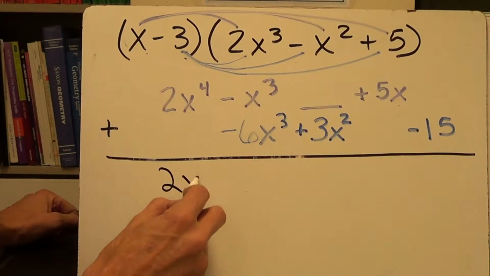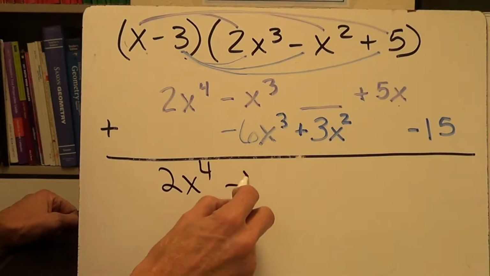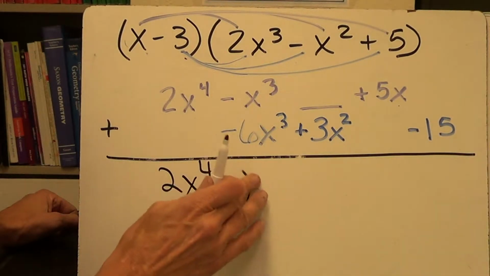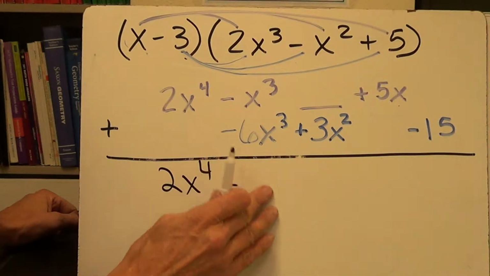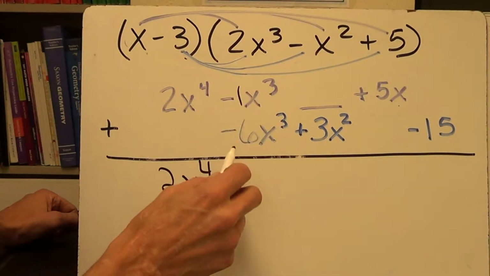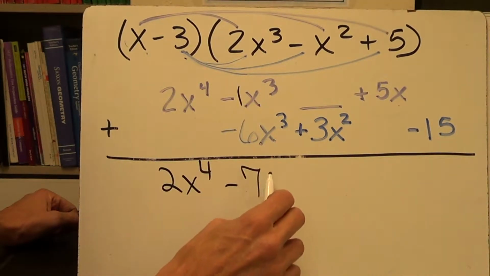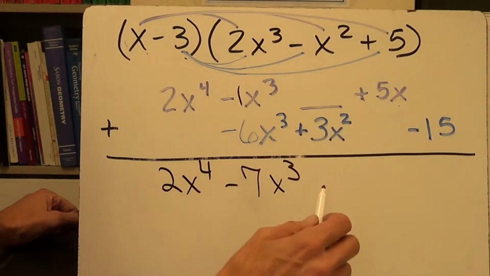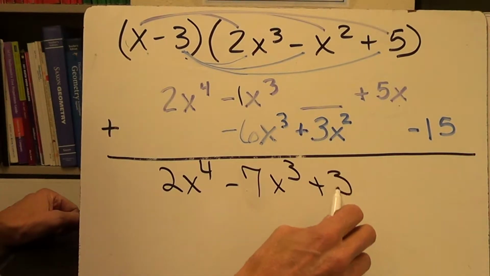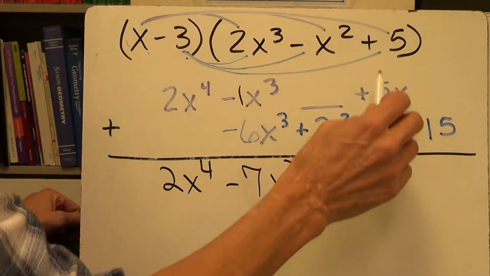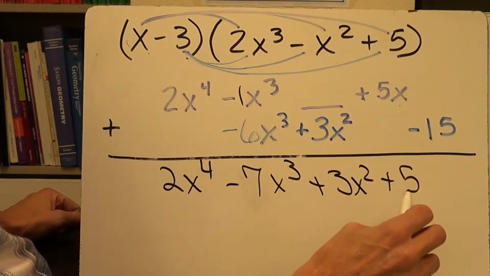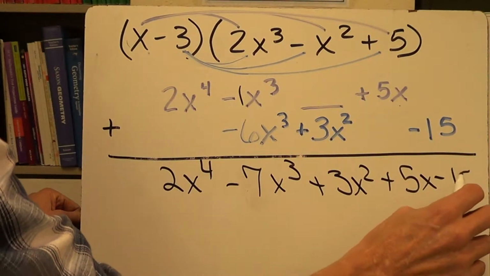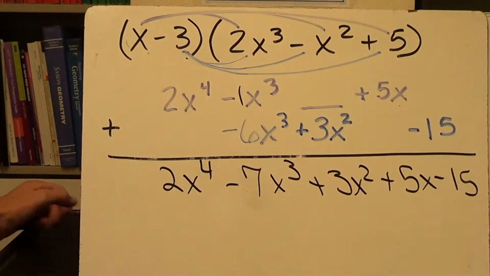So I get 2x to the fourth, minus x cubed and minus 6x cubed. These are both the same sign, so I add them together. A 1 and a 6, that would be a negative 7x cubed. A plus 3x squared. A plus 5x. And then minus 15. So you notice we get the same answer as the other method.